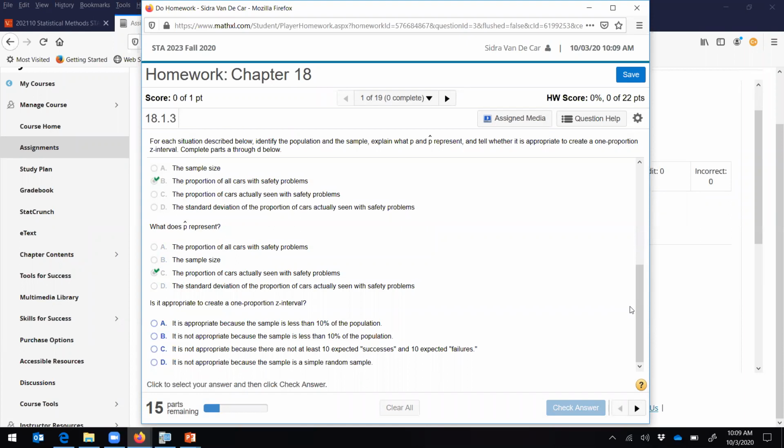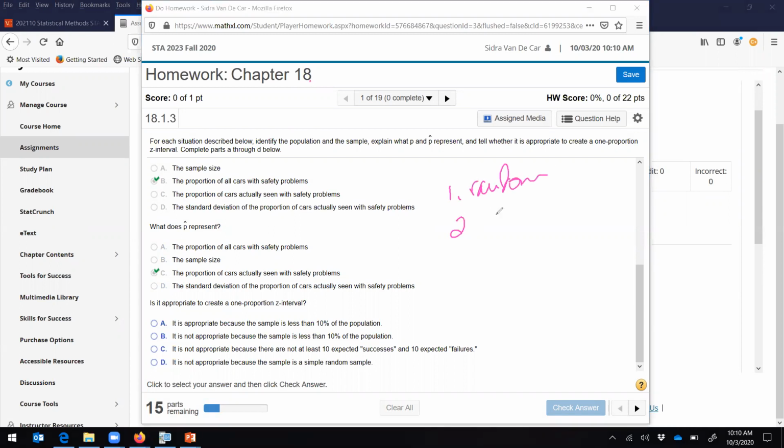Is it appropriate to create a 1 proportion Z interval? All right, so think back about what we said in the lecture. When we're looking at doing analysis with proportions, we needed a few things to be true. Number 1, we needed random sampling. So let me get my annotation going. So number 1, we needed it to be random, right?